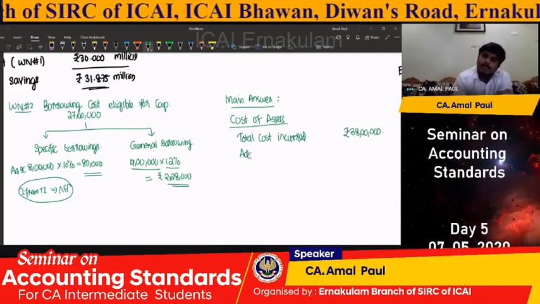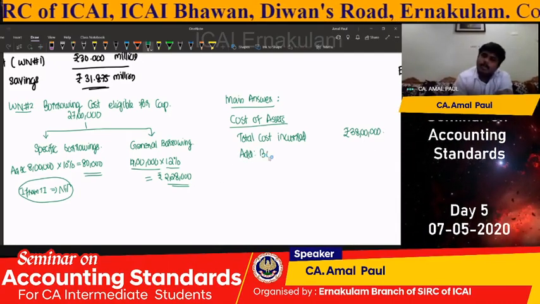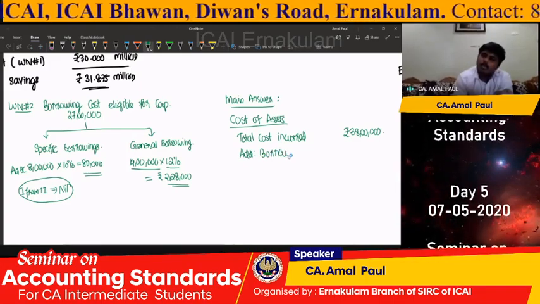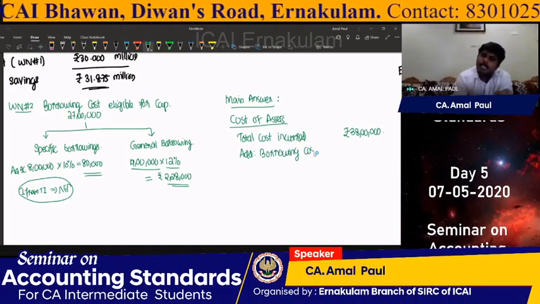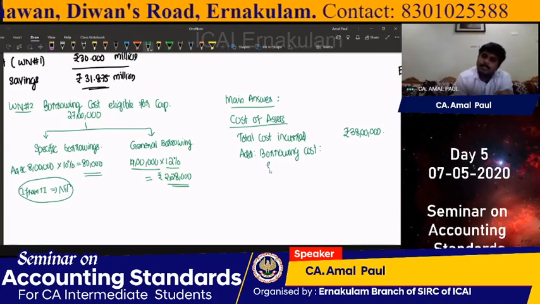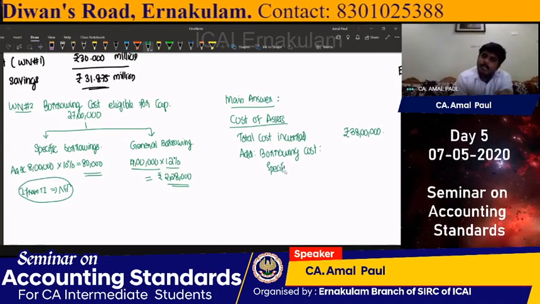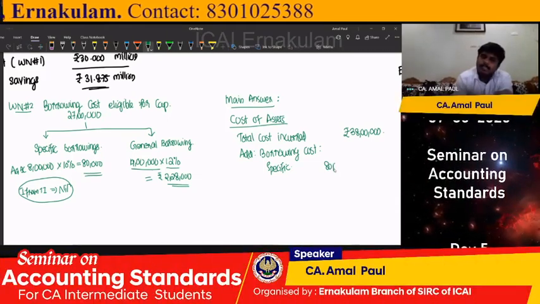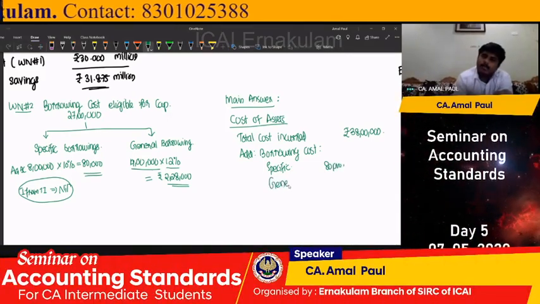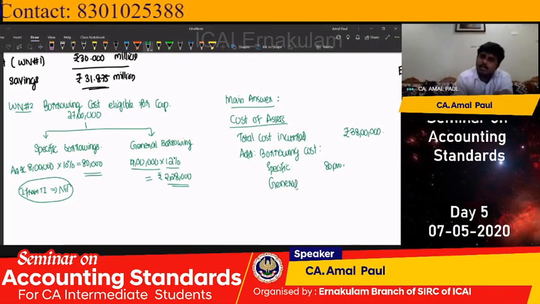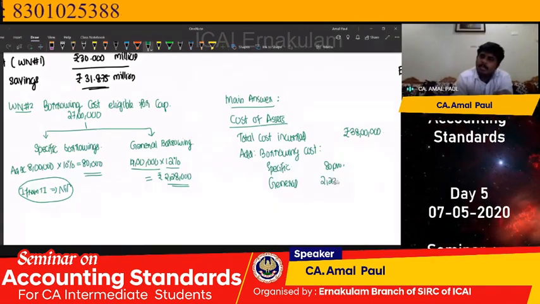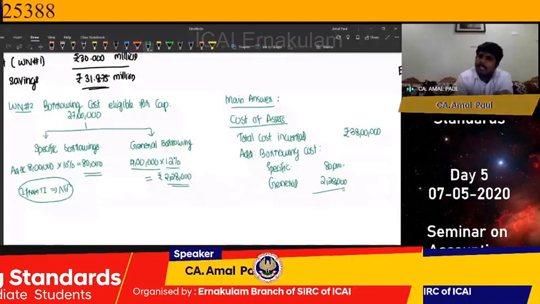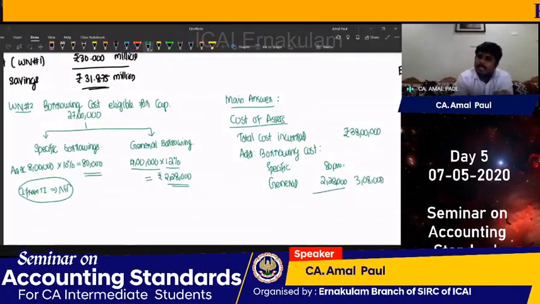Add borrowing cost. How much can we capitalize? Specific borrowing, we can capitalize 80,000. General borrowing, we can capitalize 2,28,000. Total 3,08,000 we can capitalize.